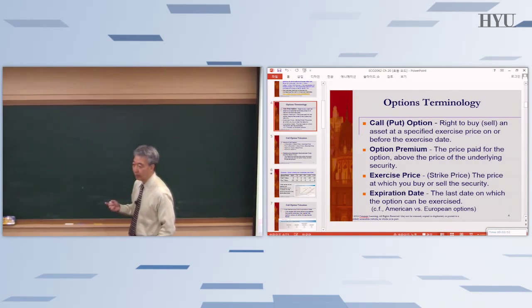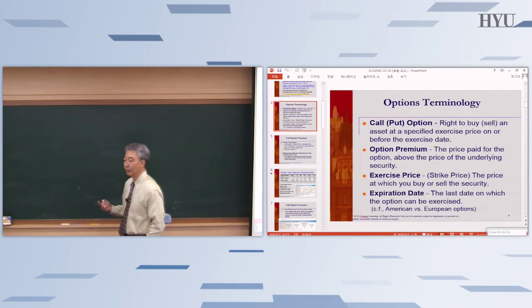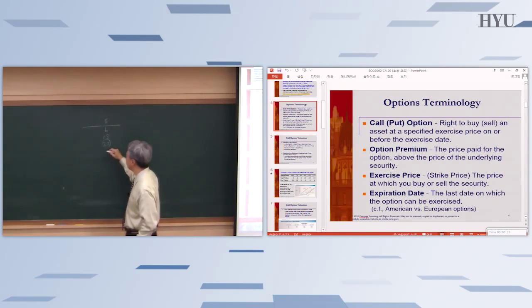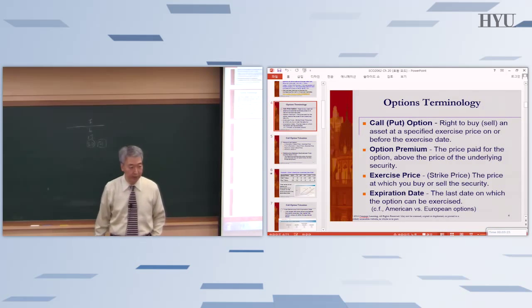So last Thursday was the 19th, so last Friday was the 20th. Friday, 6, 13, 20. So this is the third Friday of November. Then this Saturday, the 21st, is the expiration day in the United States.